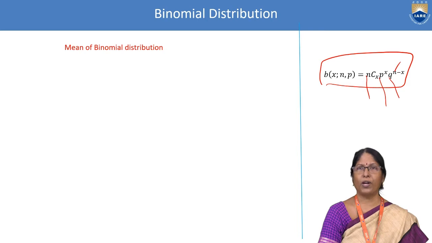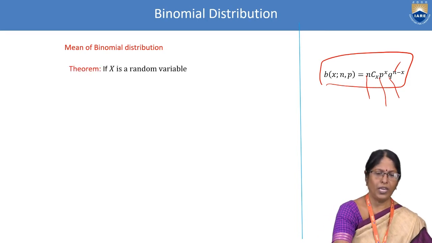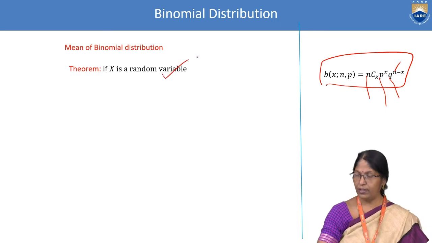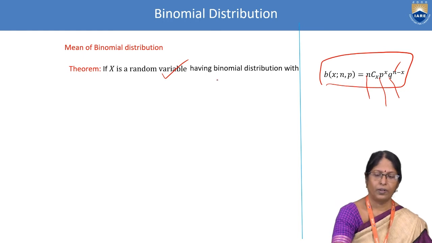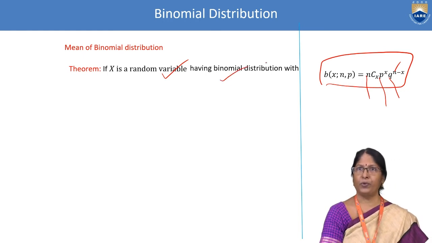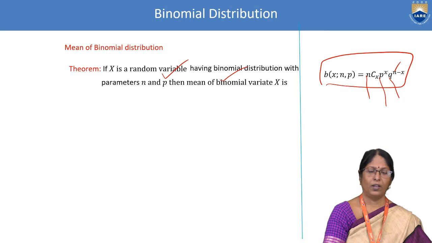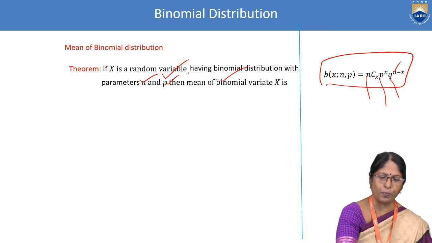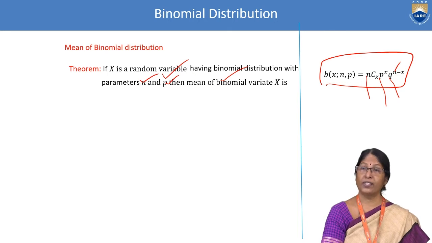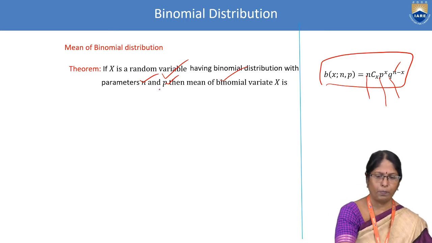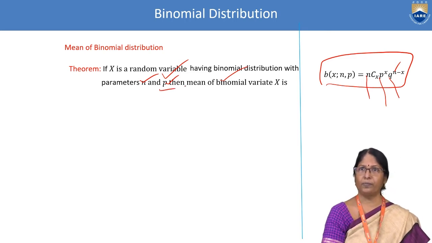Now, we will derive the mean of the binomial distribution. If capital X is the random variable having the binomial distribution with parameters n and p, we know what n and p are. That is, n is the number of throws, number of tossings or number of products, and p is the probability of success.